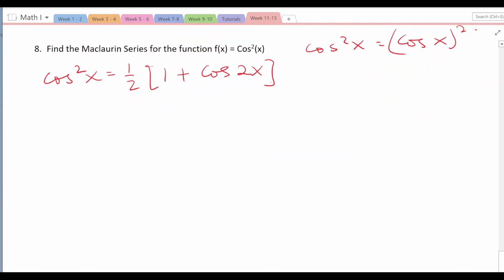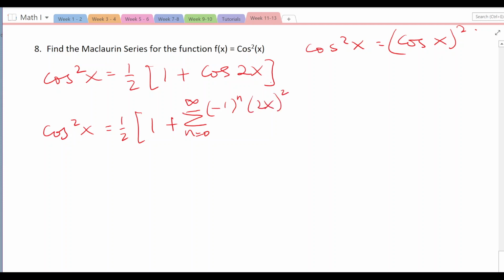So if you want to proceed with this, the Maclaurin series for cos squared x is simply one half of 1 plus the power series of cos 2x, which is, I don't know if you remember, the sum of negative 1 to the power of n, where we replace x with 2x, so 2x to the power of 2n, divided by 2n factorial.